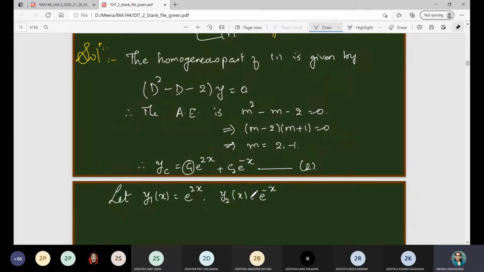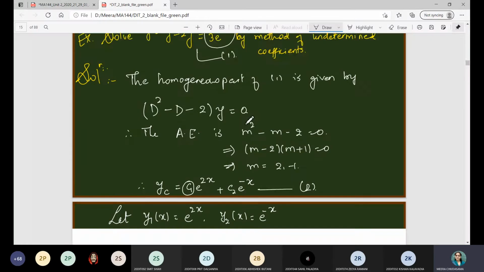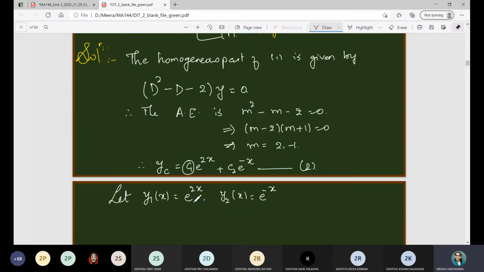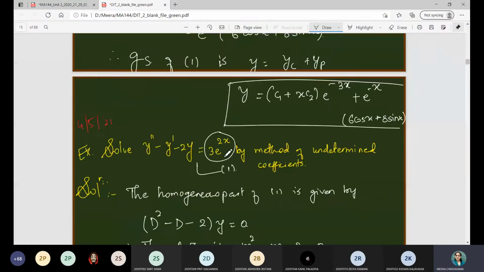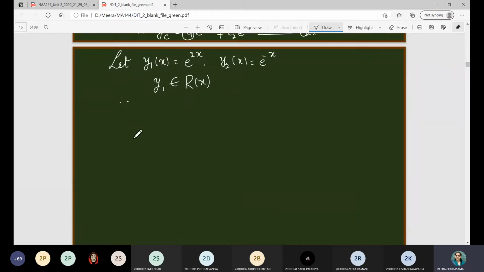Before choosing it, we have to see whether these two functions are involved in the right hand side function or not. Here you can see that y1, which is e raised to 2x, belongs to the right hand side function, right? So here you can write that y1 belongs to r of x. Therefore we have to modify our choice of yp.